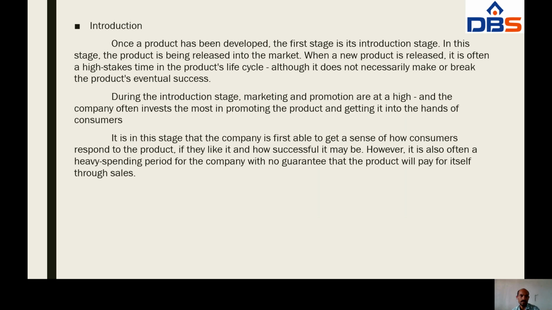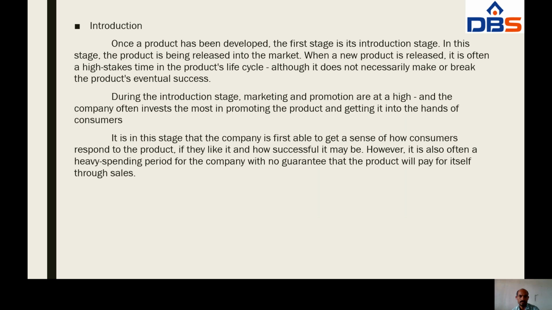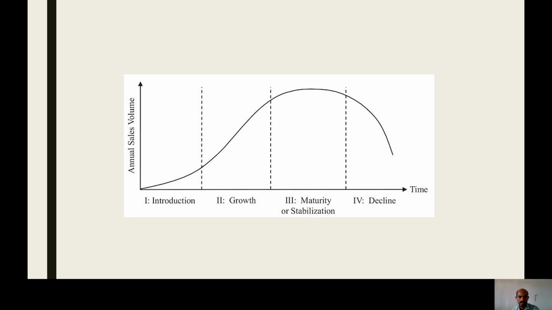And the next, maturity stage, here sales are constant. And finally decline stage, here sales are going at a declining rate. This is the graphical representation of product life cycle.